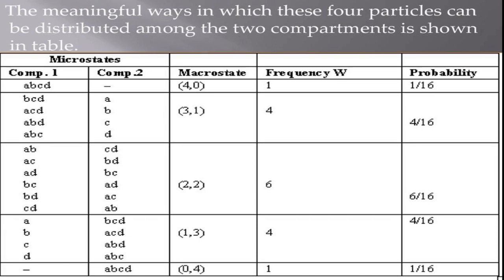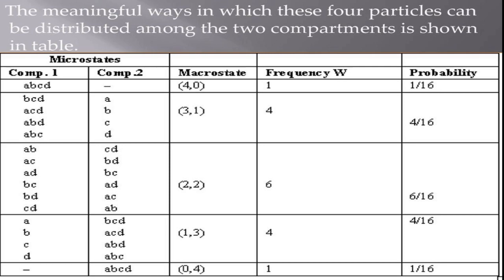And the last possible arrangement, as shown in the images, is that no particle is lying in compartment 1 and all four particles, A, B, C and D, are lying in compartment 2, having macrostate 0,4, and only one such arrangement is possible for this macrostate. So this is the distribution of four particles in two compartments.